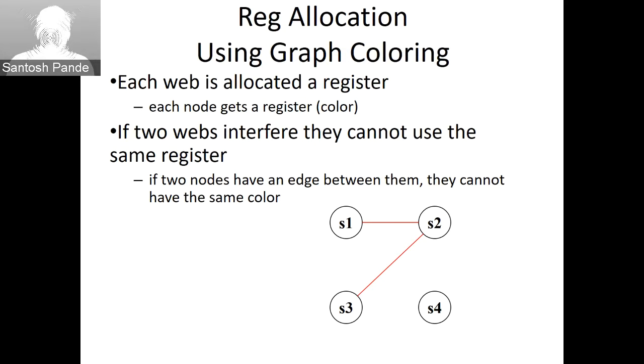The core principle that we are following here is that if they interfere, they cannot share a register, or they cannot be put into the same register, because that will create an illegal program. So if they have an edge, they must be given different colors. And this problem is NP complete, as you can imagine, because of the complexity.